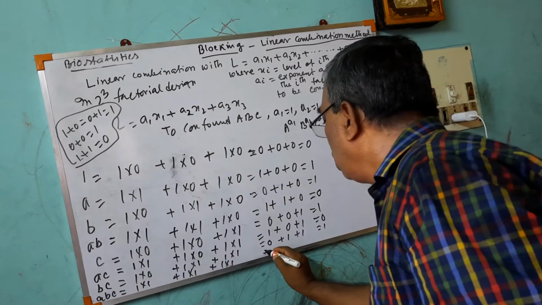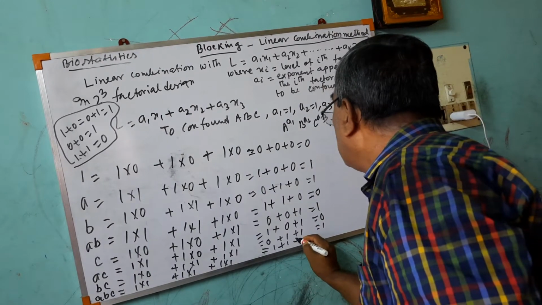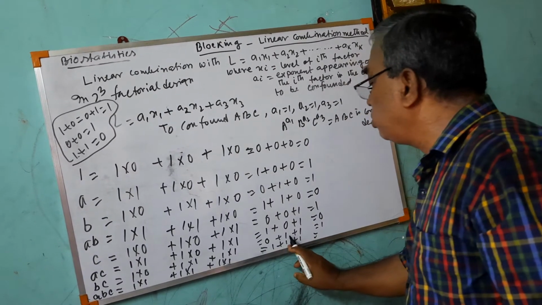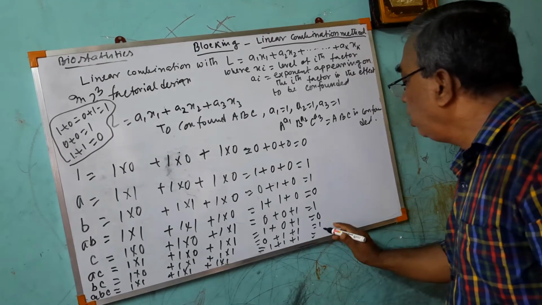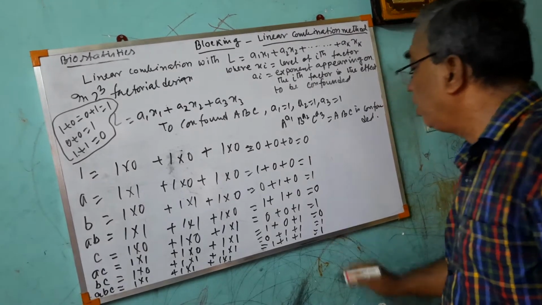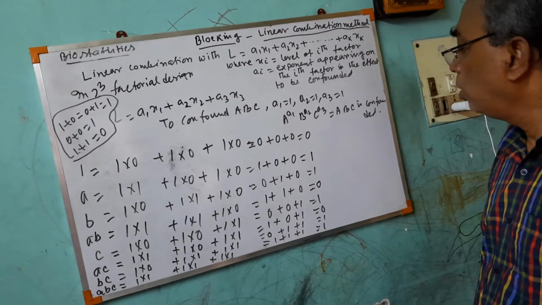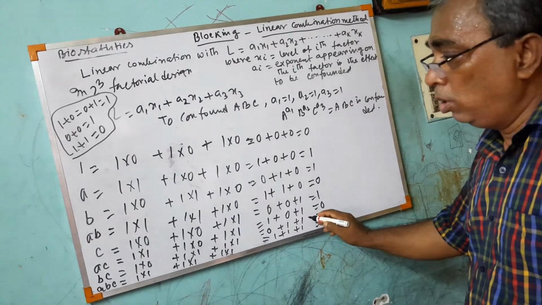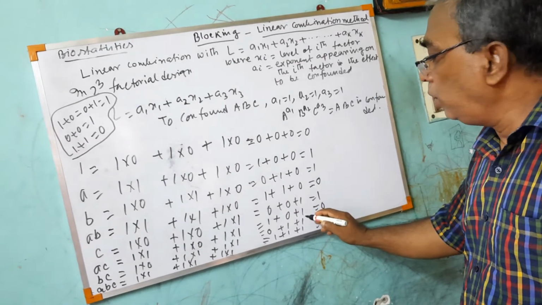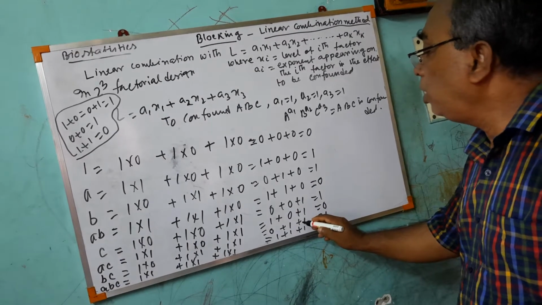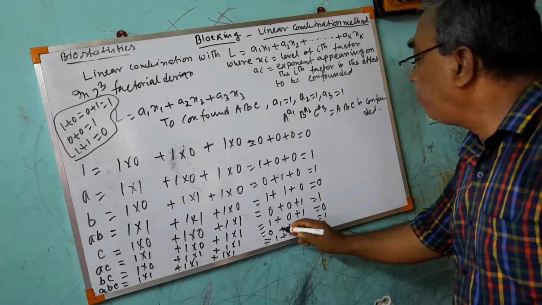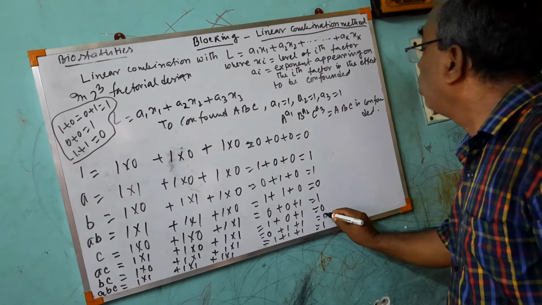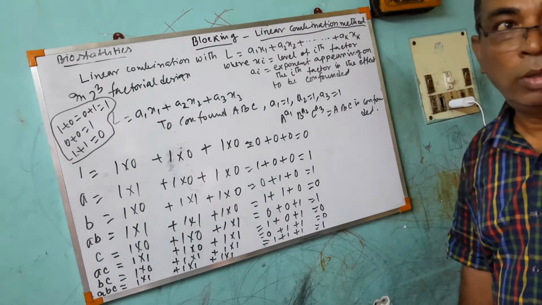That means 1 plus 1 plus 1, this comes 1 plus 1 0, 0 plus 1 is 1. 1 plus 1 0, 1 plus 1 it is 0, 0 plus 0, it will be 0.